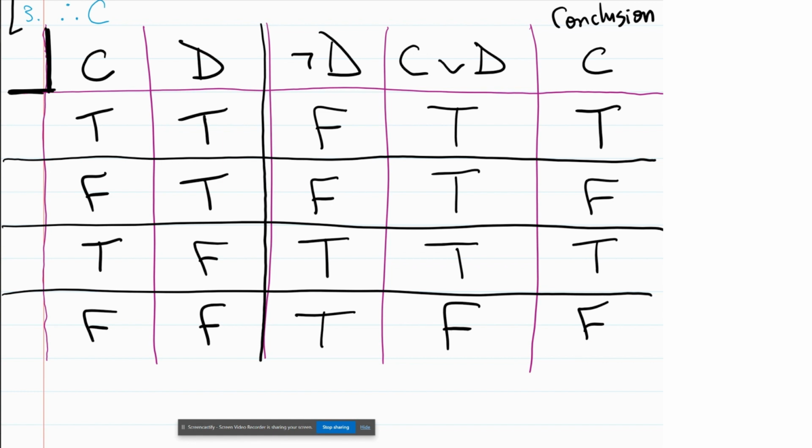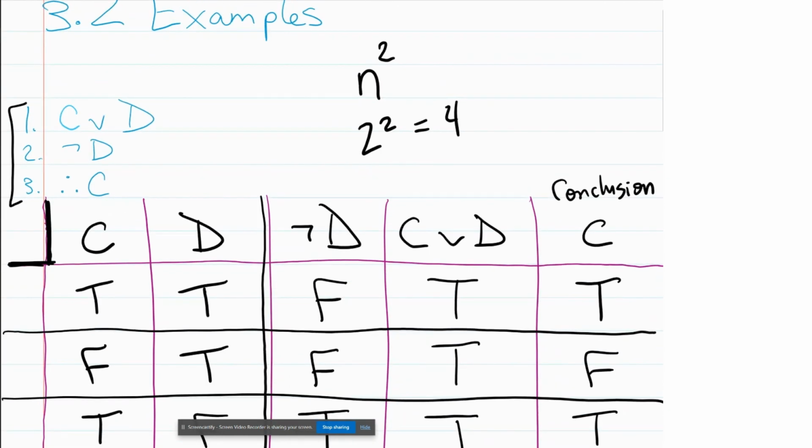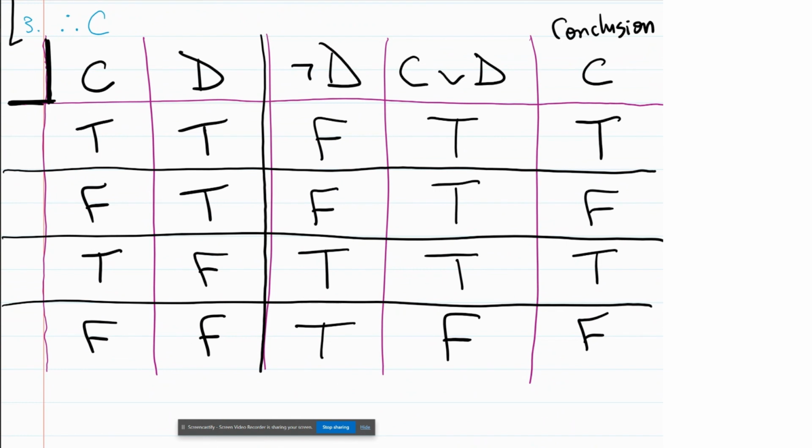So now, the goal of making a truth table is to ask, is this argument valid? The way we determine validity on the basis of a truth table is we look at our two premises and ask, everywhere that the two premises are true, is the conclusion also true? In other words, does the conclusion have to be true when both premises are true? So we don't care about any row except for the ones in which both premises are true.